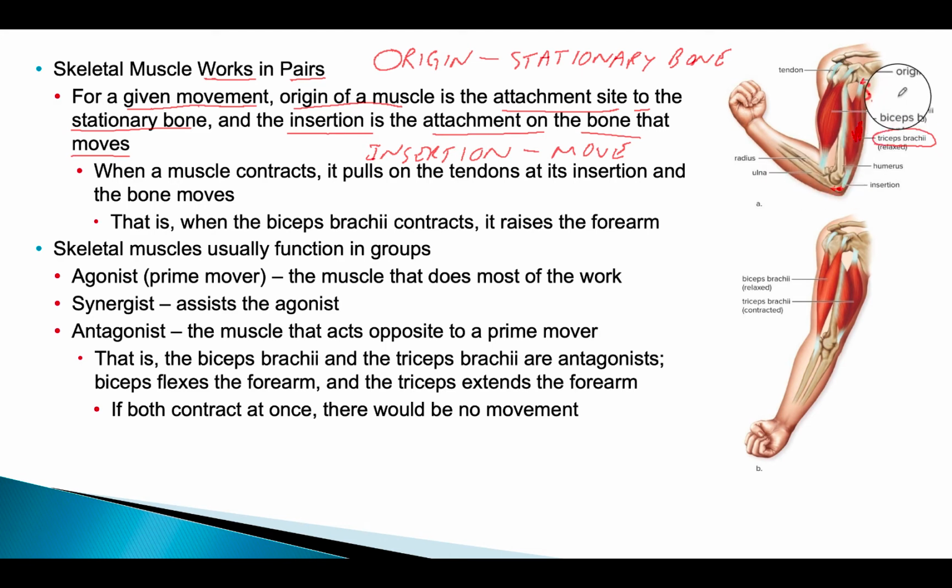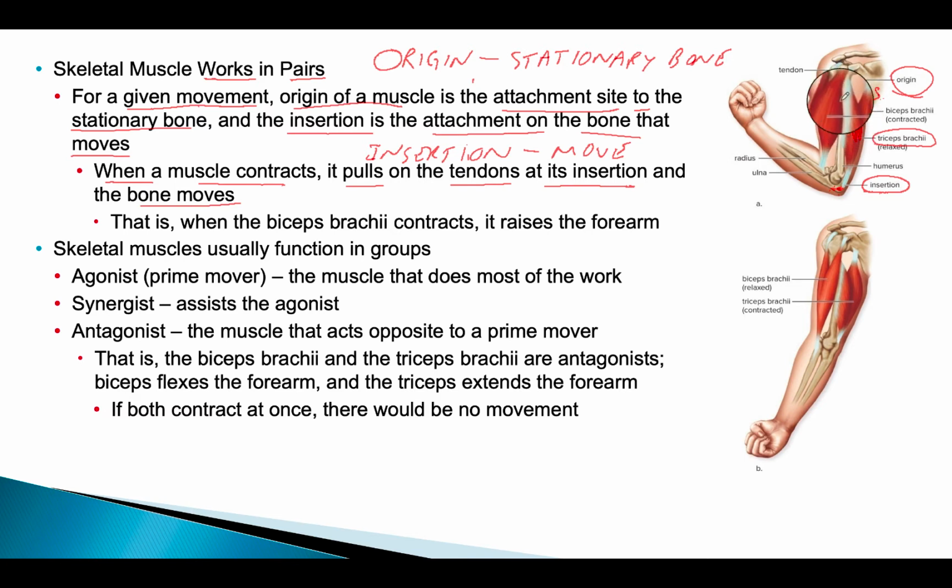So always remember that when a muscle is attached to a bone, one of them is the stationary one, which is the origin. The other one is the insertion, which is the one that's going to move. So that's what we mean by this. When a muscle contracts, it pulls on the tendon at its insertion, and now the bone moves.